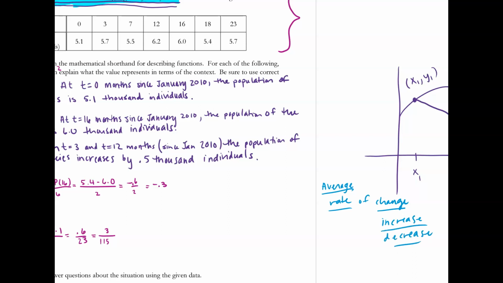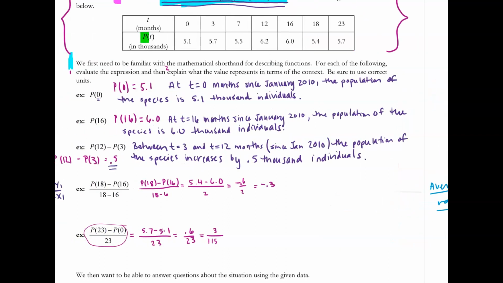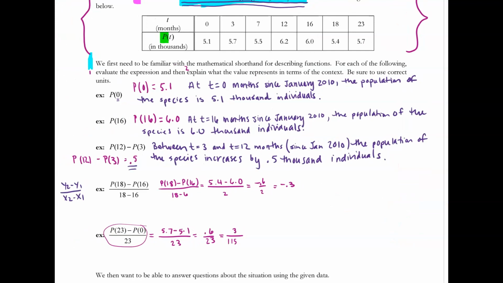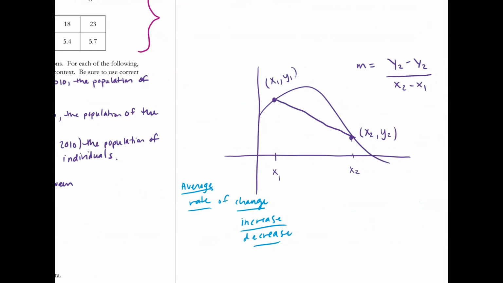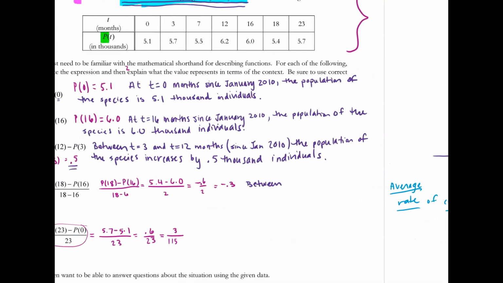So for example, let's look at this first one, and I'll use the word decrease, but I'll tell you how else you could write it with the word change. So in this first example, what I would say is between, because again, going back to average rate of change, it has to be between 2 points. So the rate of change between this particular point and the other.